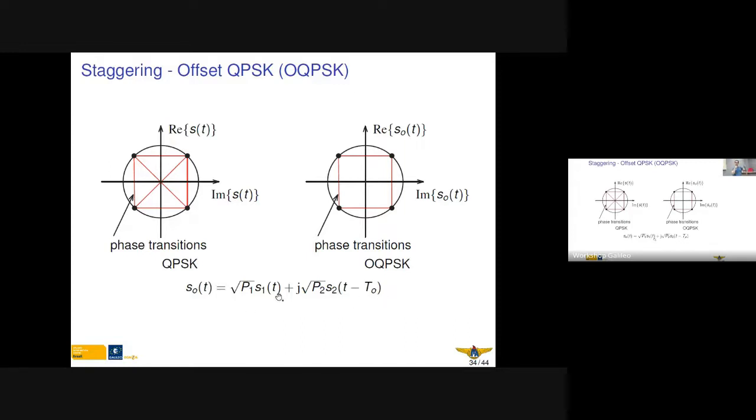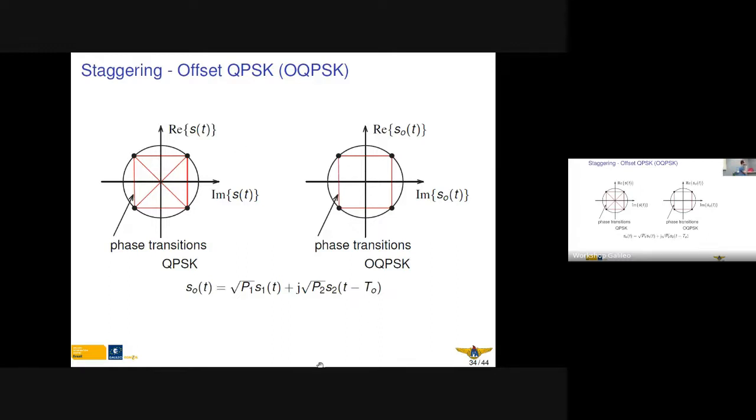And then we can avoid the transitions from the first quadrant to the third one, and from the second to the fourth quadrant. We have then only one signal component changing phase at a time instant. So only these transitions in red are possible for this delayed one, which is also called staggering in the literature.